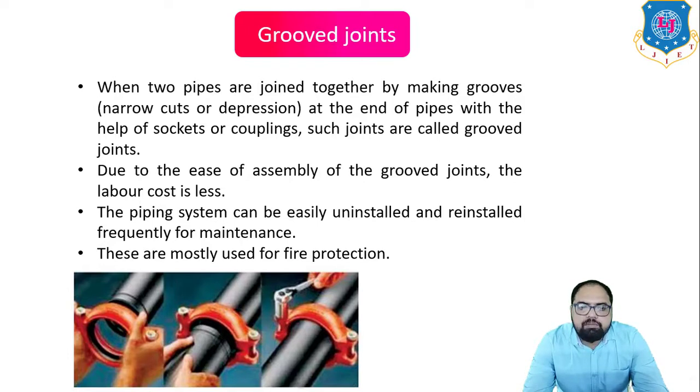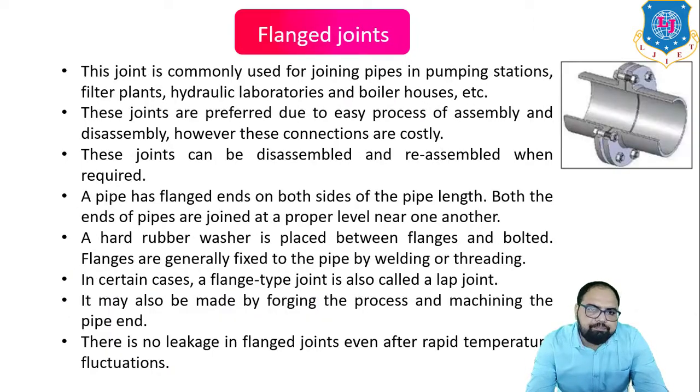The piping system can easily be uninstalled and reinstalled frequently for maintenance. These are mostly used for fire protection. You can see in this image there is one groove provided, and between that groove two pipes are fitted.